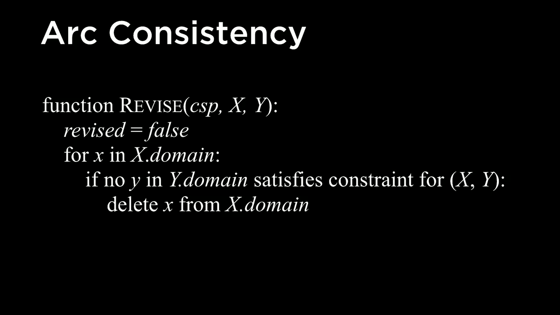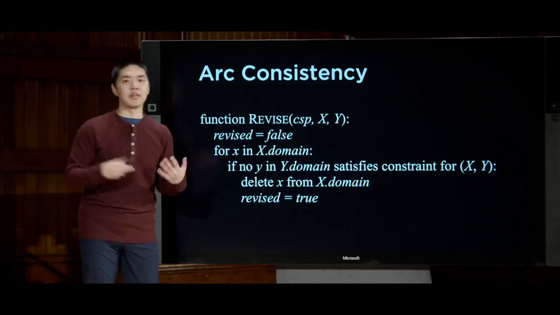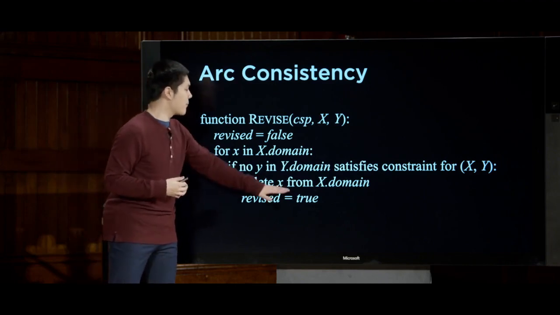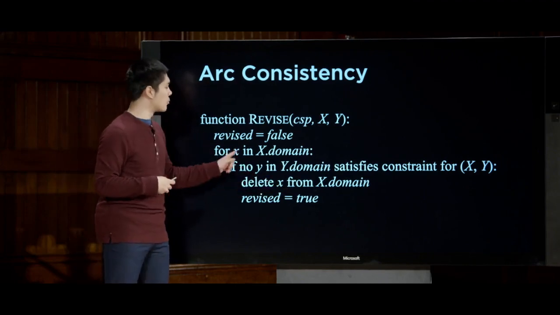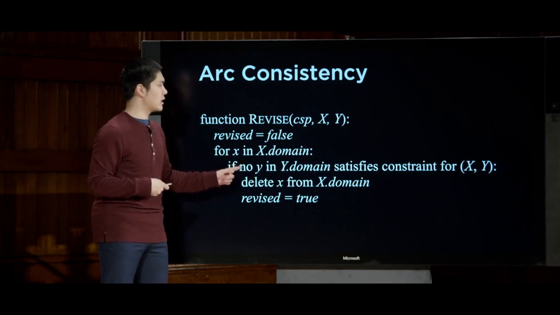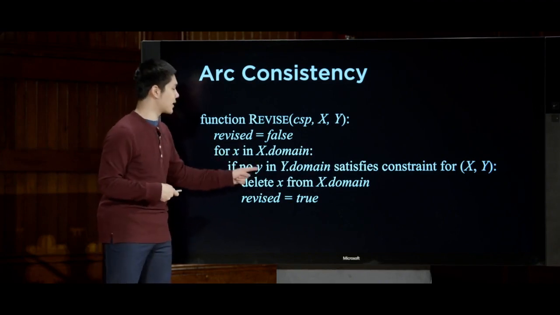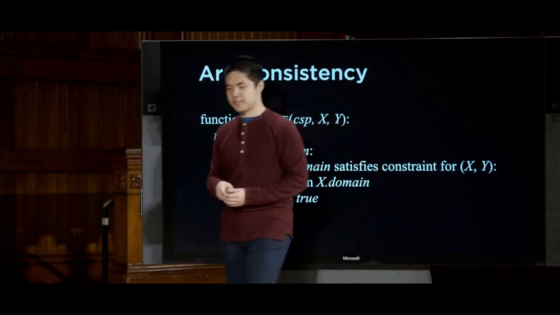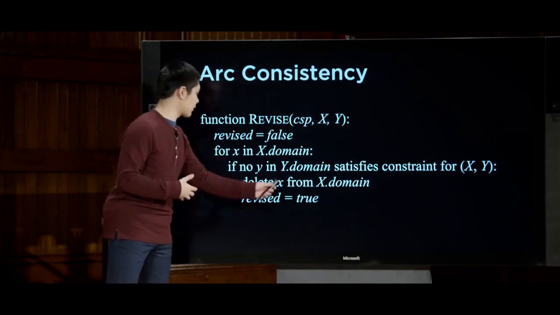So I'll delete x from x's domain, and I'll set revised equal to true, because I did change x's domain. I removed little x because it wasn't arc consistent. There was no way I could choose a value for y that would satisfy this xy constraint.